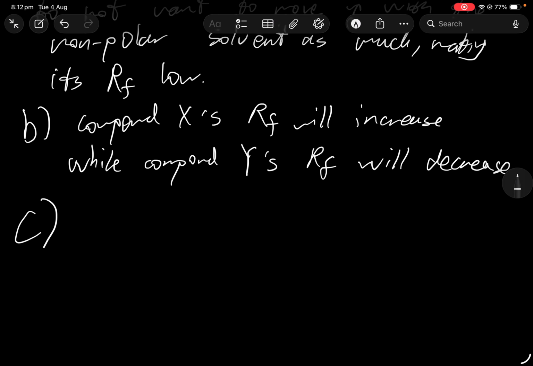And then for part C, justify your predictions by explaining the new intermolecular forces at play between the mobile phase, the stationary phase, and the compounds.